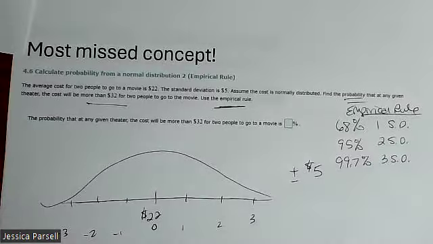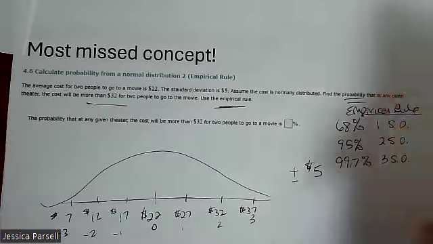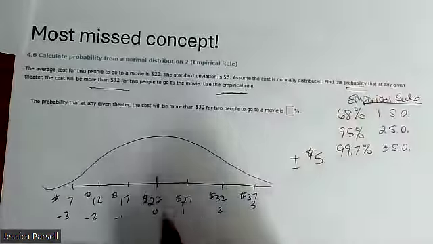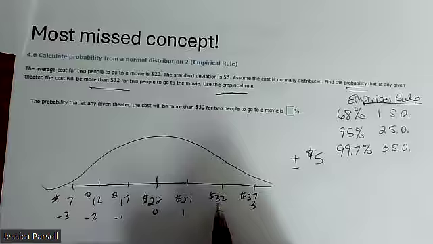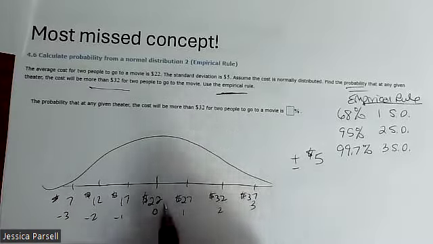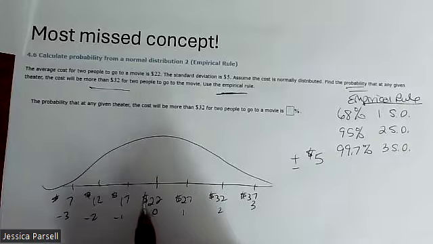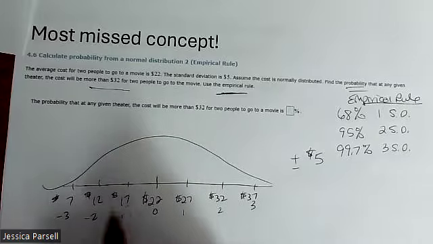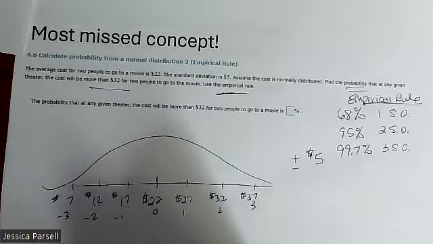Take a moment, pause the video, and sketch this out. Hopefully you added 5, another 5, and another 5 to go up to 3 deviations to the right, or above $22, and then subtract 5 from 22, subtract 5 again to come down 3 deviations below the average.